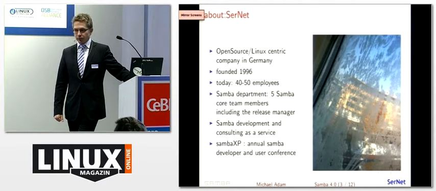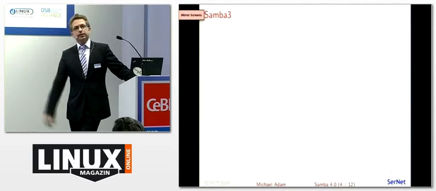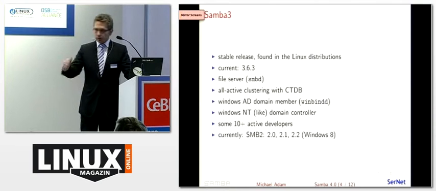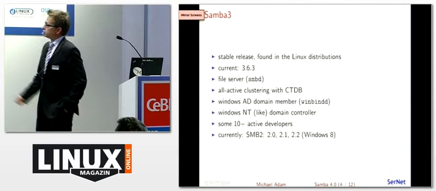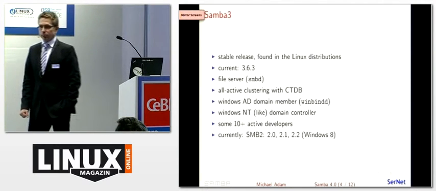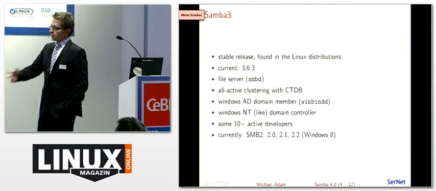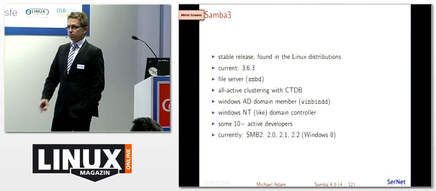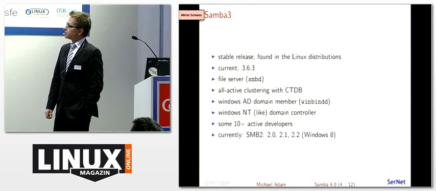Okay, now for the two variants of Samba. One is Samba 3, currently at version 3.6.3. It is present in basically all the Linux distributions. It runs on Solaris and other Unix platforms.